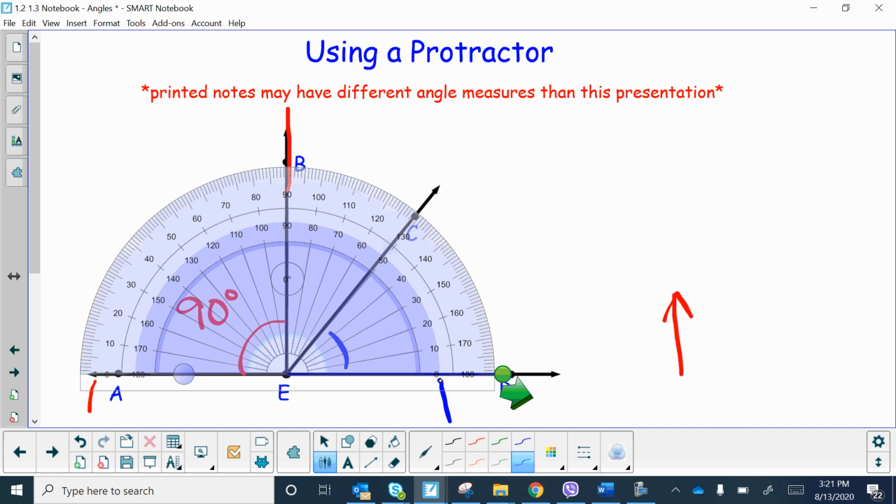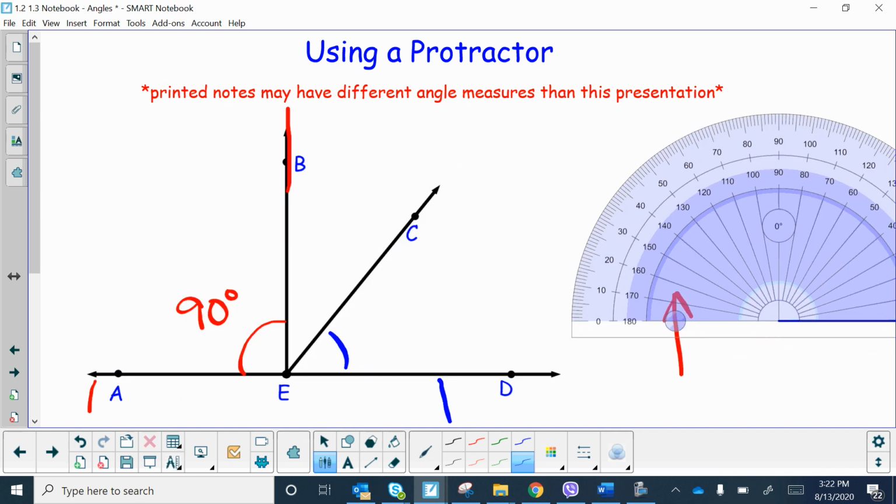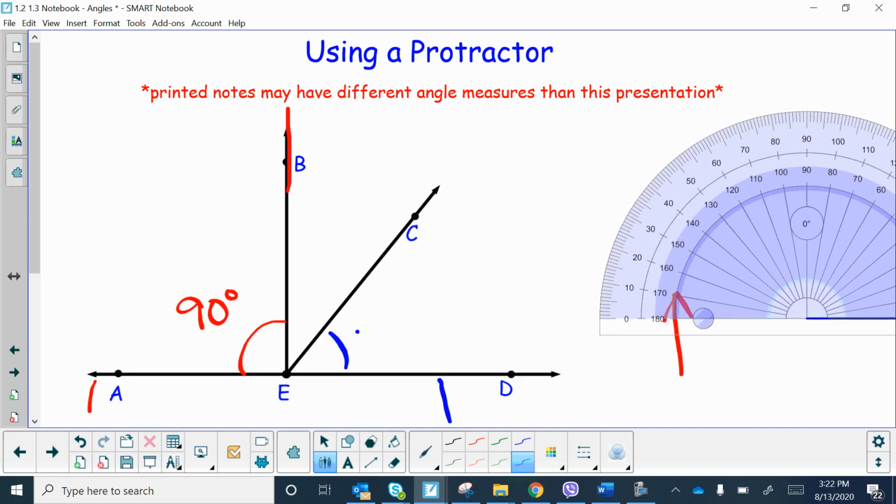I'm going to look at the 0 and go up, and mine is about 51 degrees. Yours might be slightly different because I don't know that they print out perfectly the same. So if you're using your protractor at home and measuring the angles on your notes page, then that is probably not the same as mine.